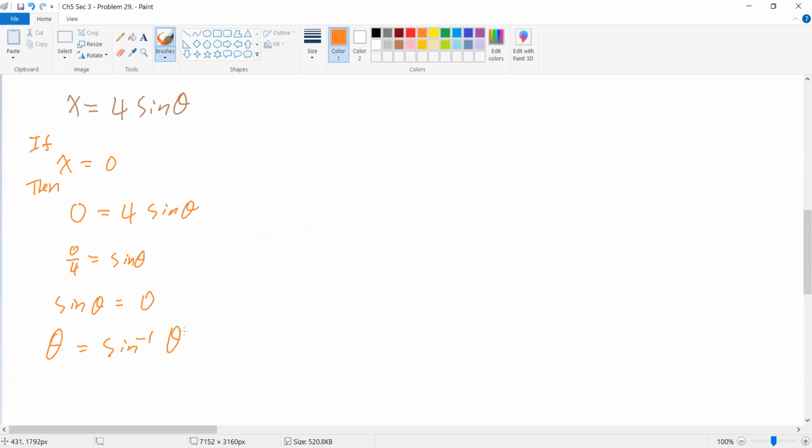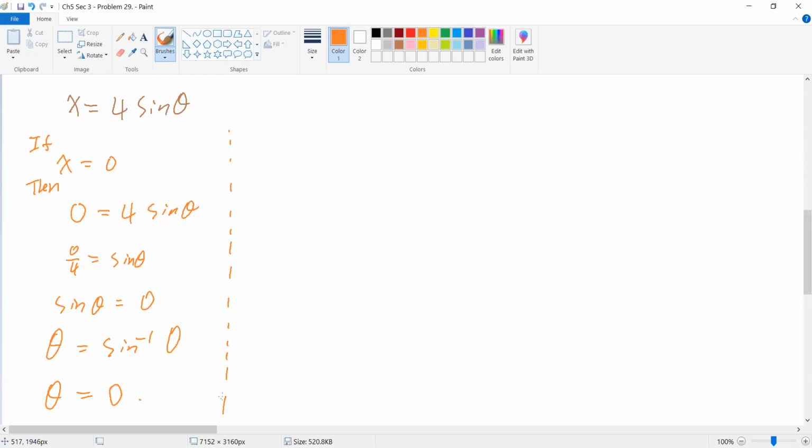So we have a theta and a sine inverse, and this will give us an angle value. We can use our unit circle, or we can just quickly punch it into a calculator, because we're taking the sine inverse of 0, and that will give us 0. So now we have theta is equal to 0.